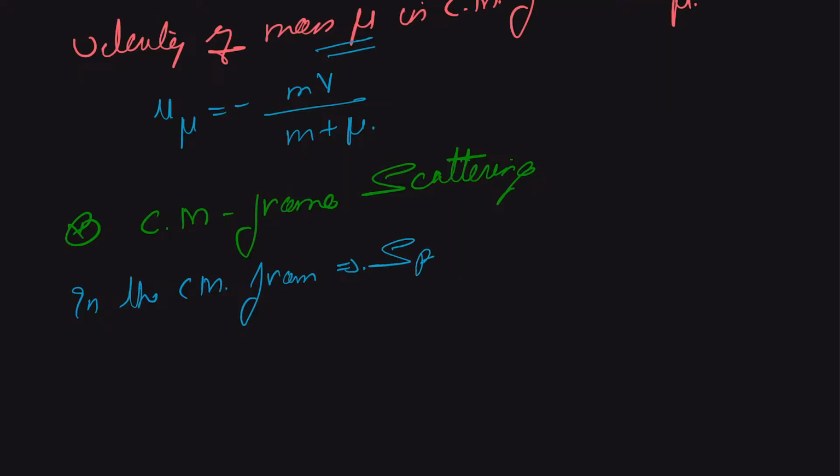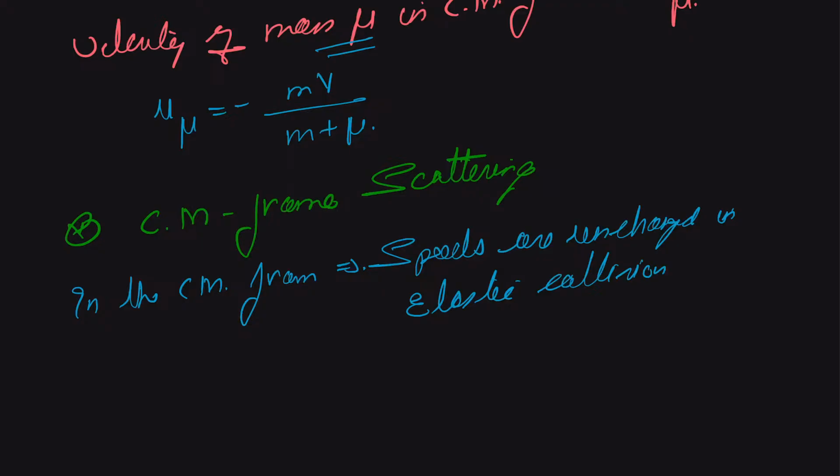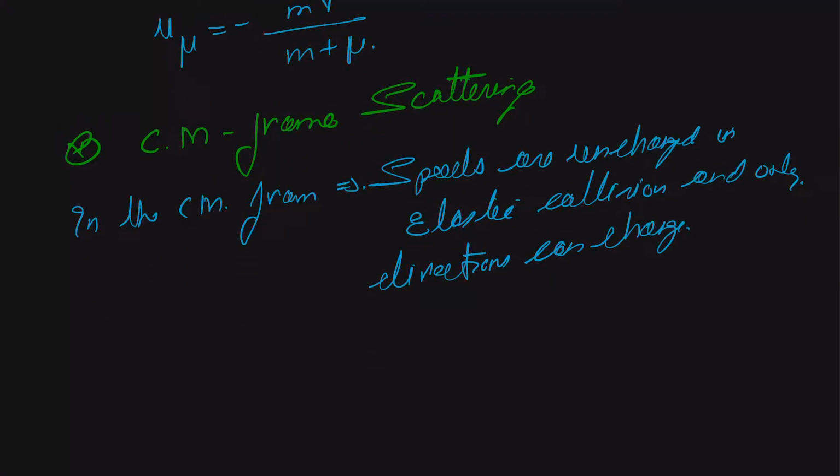So you can say speeds are unchanged in elastic collision and only directions can change. And let us assume that theta is the angle between the final center of mass velocity of mass small m with respect to the original direction.